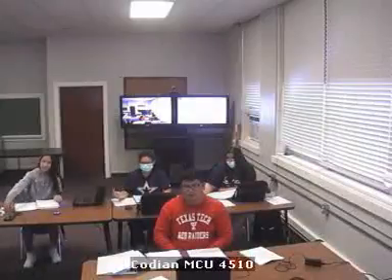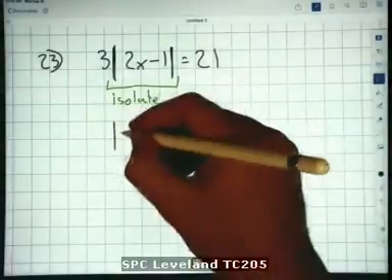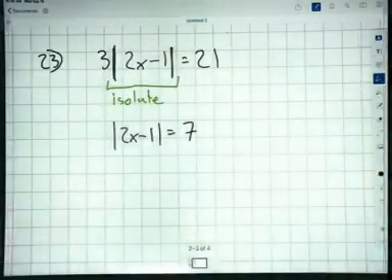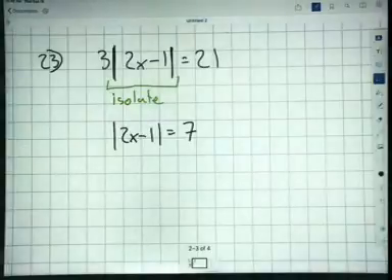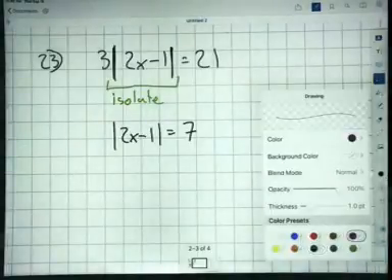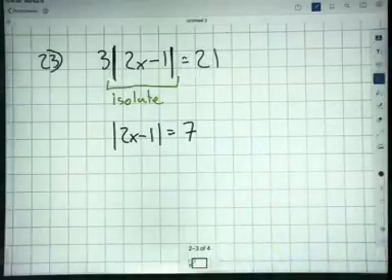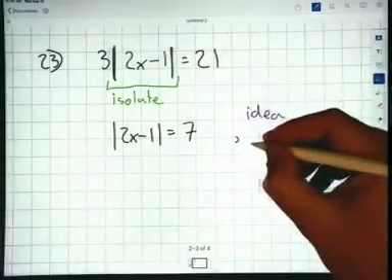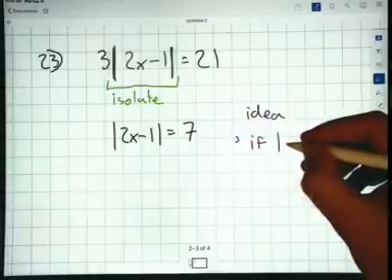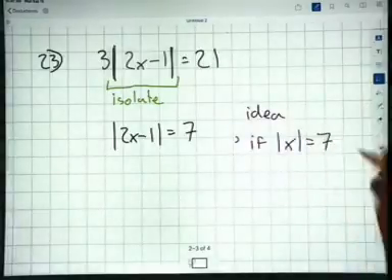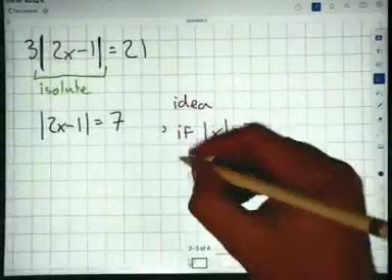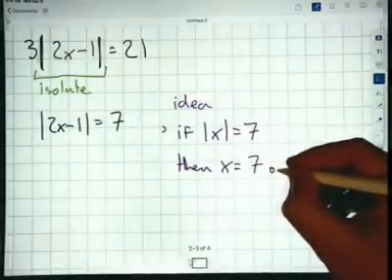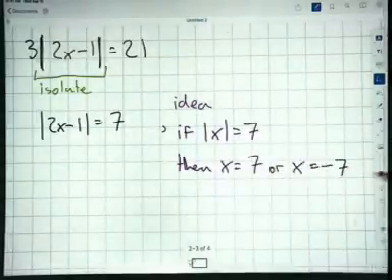Divide by 3. And when you divide by 3, you get 7. Alright, so I'm just going to rehearse the concept here. If the absolute value of x is equal to 7, then x could be equal to 7, or x could be equal to -7.